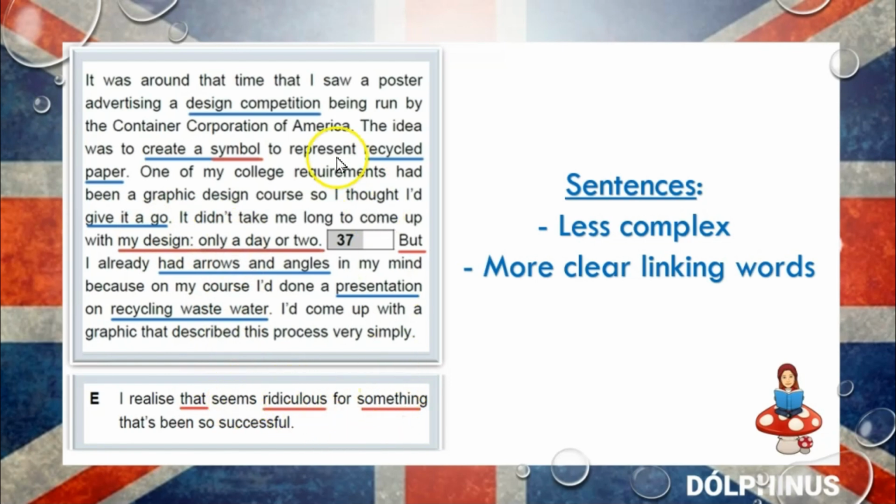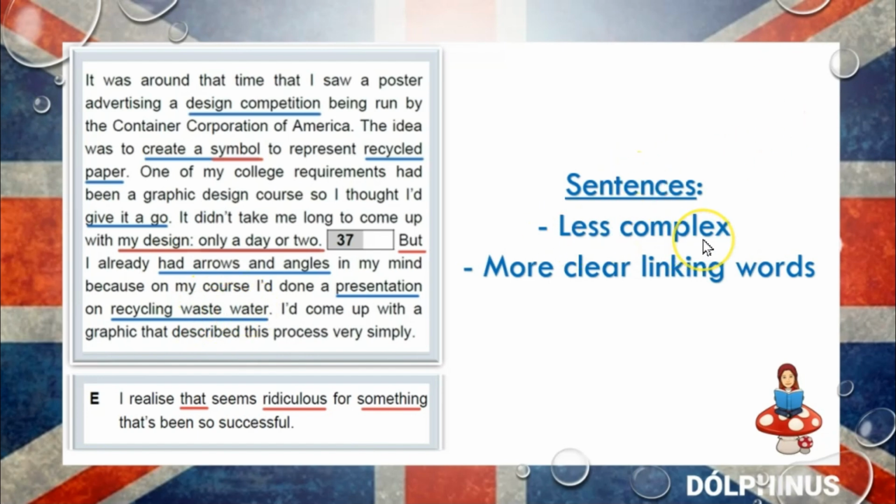What he's talking about is the symbol he created of recycled paper that has been so successful. Afterwards, he makes reference why it only took a couple of days, because he had already had in mind arrows and angles, as he had already done one, but based on recycling wastewater.